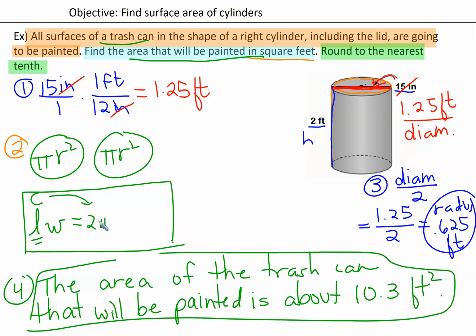So you get 2 pi r, and then the width or length, if you're flip-flopping them, either way, the other measurement is the height of the cylinder. And then you plug in your numbers and add everything together, and that will give you that same to the nearest tenth, 10.3 square feet. All right, let's take a look at the next problem.